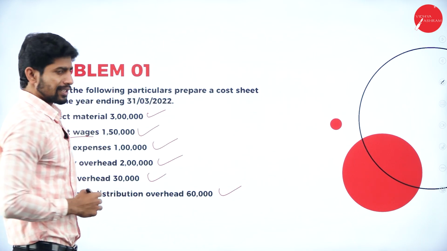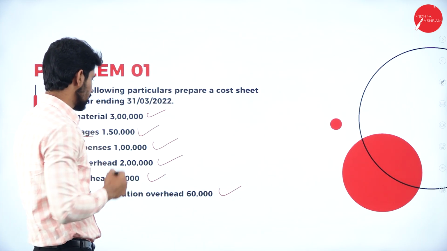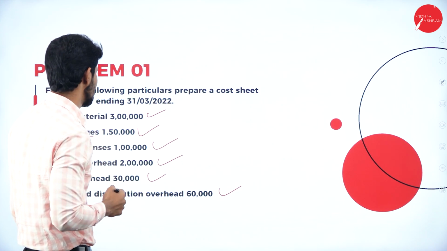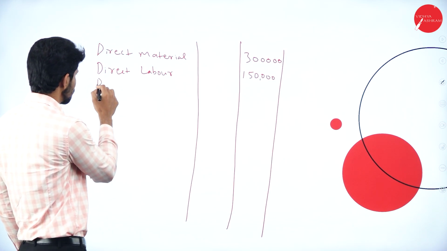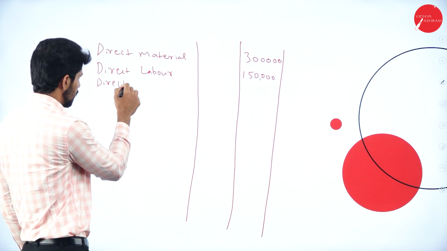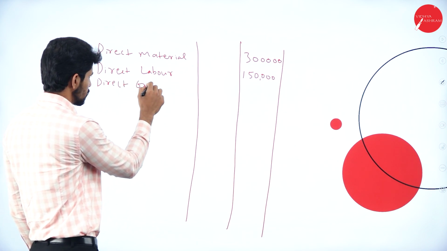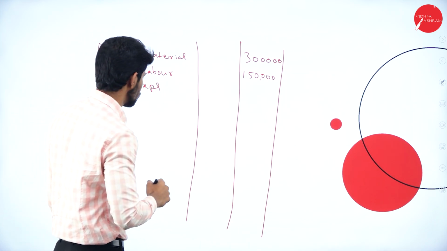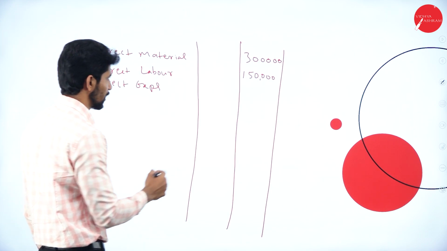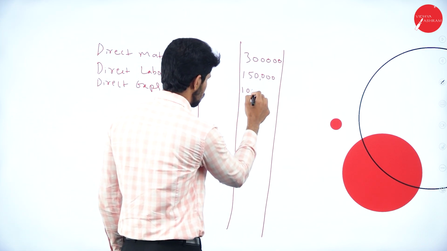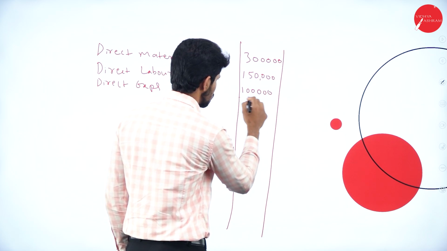Next one, direct expenses. What is the value of direct expenses? Rupees 1 lakh. So write down direct expenses, rupees 1 lakh here.